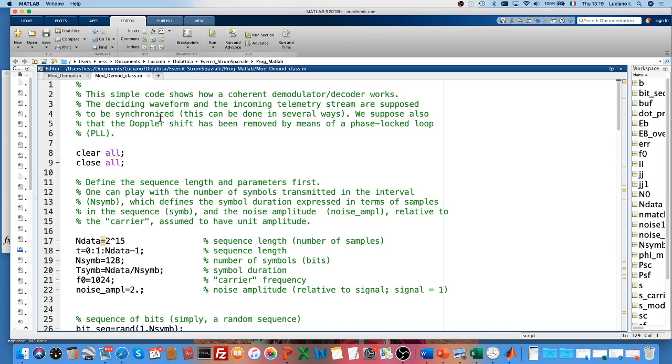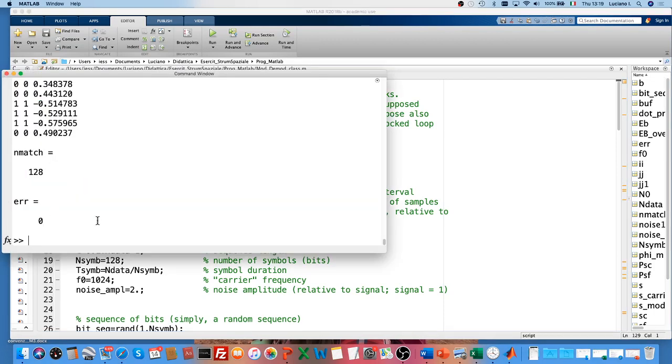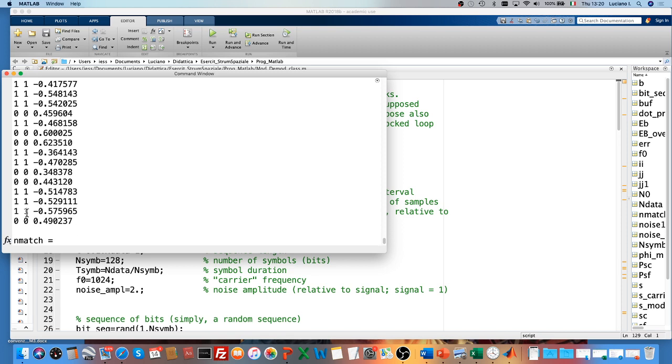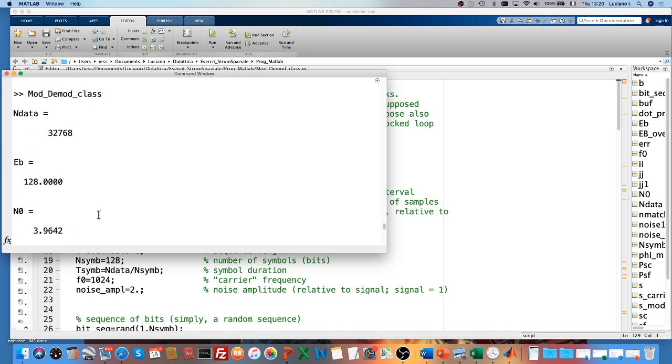So I keep a little bit of space, I pull it out. So we have 128 matches and no errors. And you can see here in this stream the original bit, the modulated bit at the transmitter, the received bit at the receiver after the demodulation, and here the value of the scalar product for each bit, done 128 times.